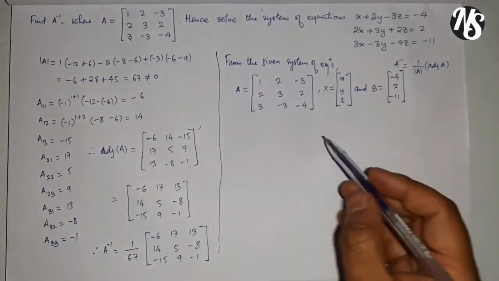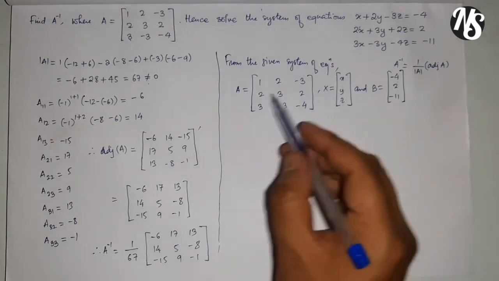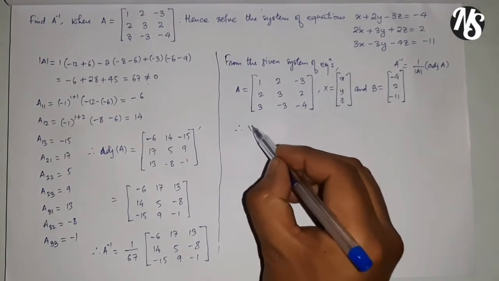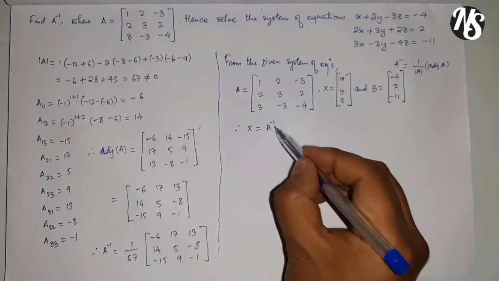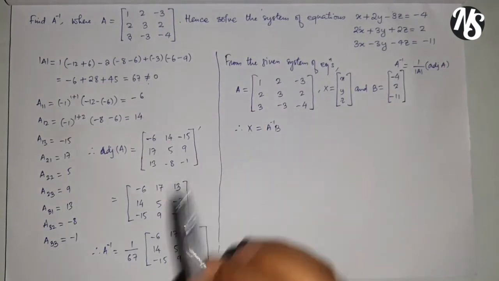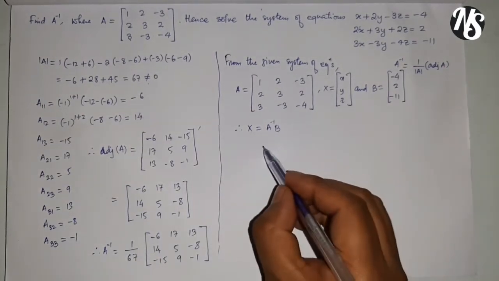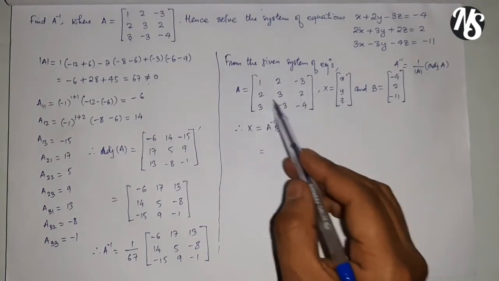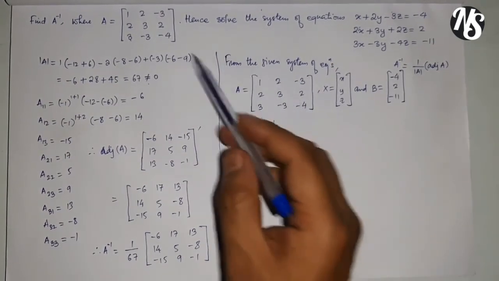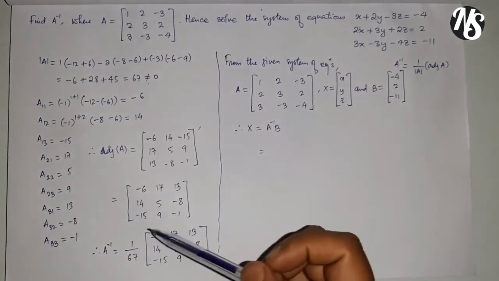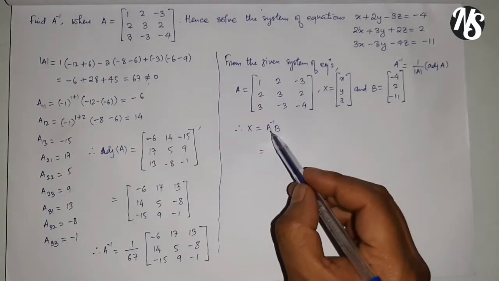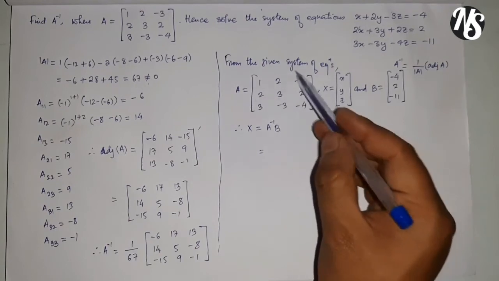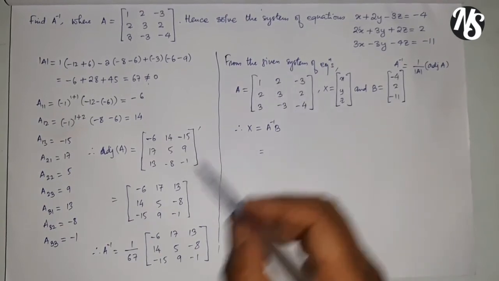So these are your matrices, and therefore X will be equal to A inverse B, isn't it? We know that the solution will be this much. Now let's see how much this is. Now what is A inverse? See, A is this matrix, isn't it? Now isn't this equal to this one? Yes, they are the same. So if I ask you what is the inverse of this, it will be nothing but this much.